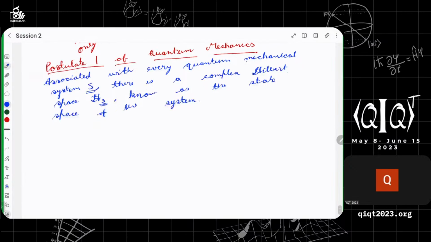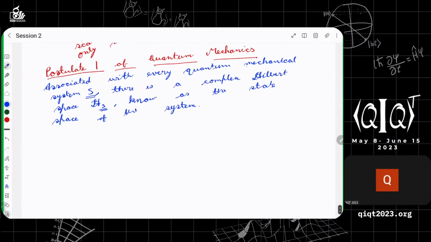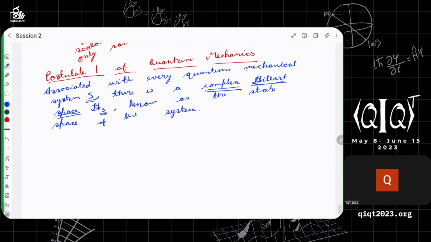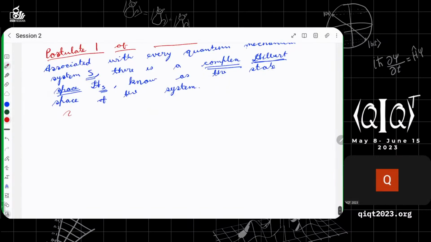Now we have a new term here, which is the Hilbert space. So complex Hilbert space, let's break that down. What is a Hilbert space? A Hilbert space is a special kind of vector space, and it has an inner product defined on it.